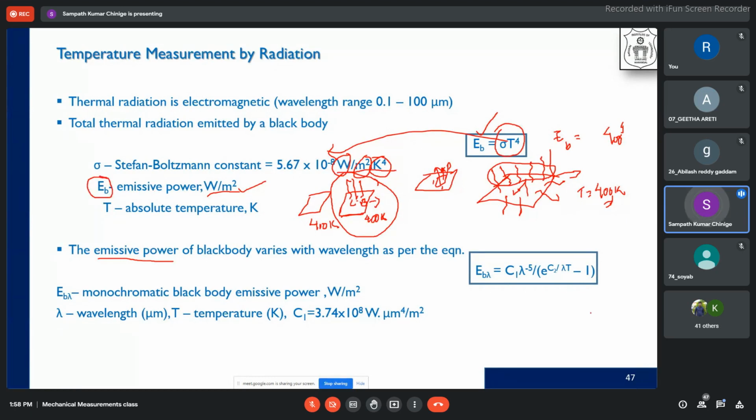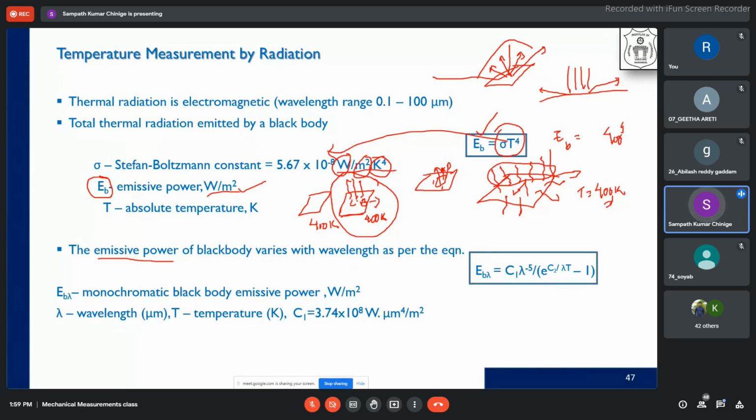For different wavelengths, as I discussed, in each direction the wavelength is different. So we can observe a spectrum of frequencies. It is not a constant spectrum, and the frequency is not the same throughout the body. It varies differently, so the wavelength values will be varying. What happens here is that the emissive power of a black body varies with the wavelength.